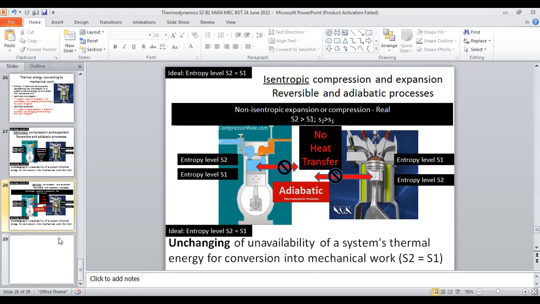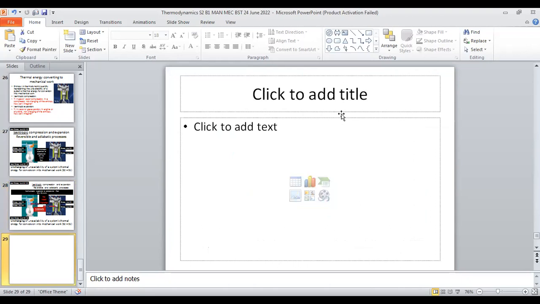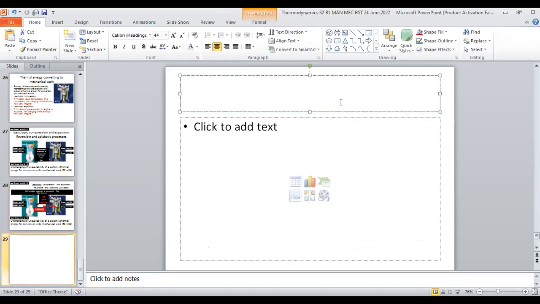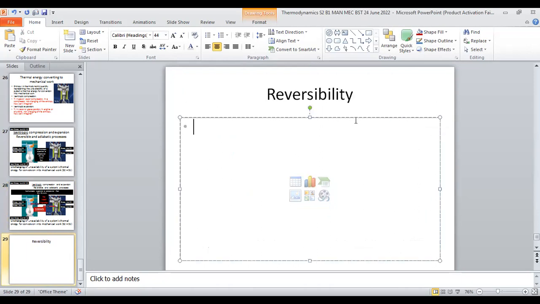And one more thing here, when the same entropy level is maintained, the reversibility. I'm going to explain the reversibility now.